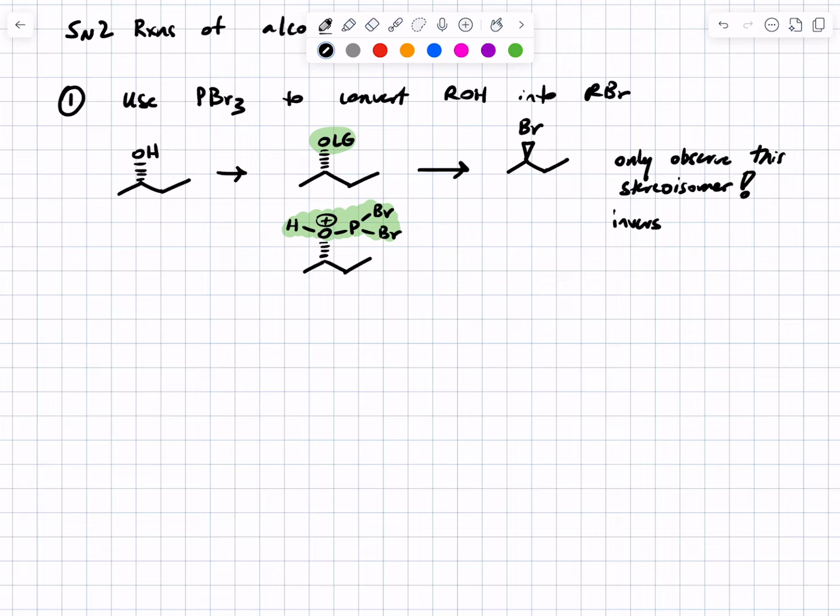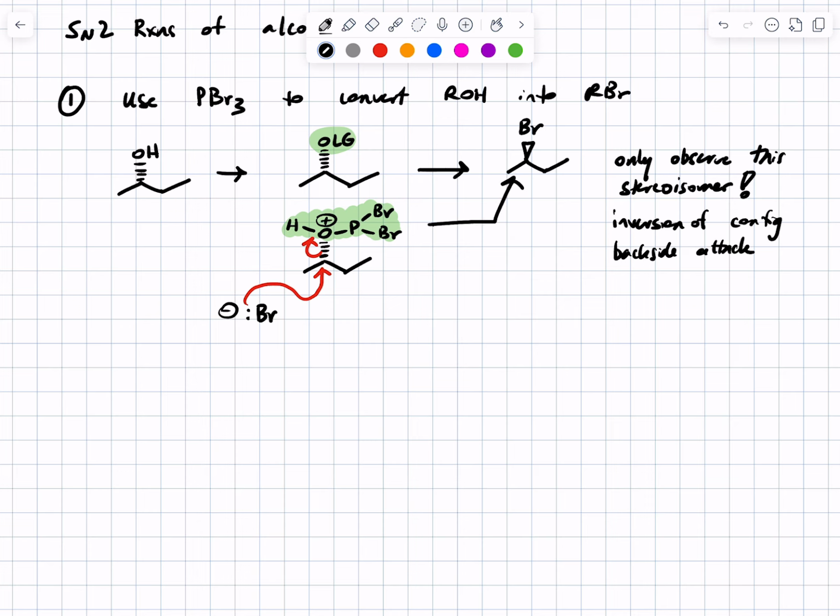You see inversion of configuration. That's consistent with backside attack, which is a hallmark of an SN2 mechanism. So even though we don't understand why this leaving group doesn't leave on its own, the results tell us that Br minus must have attacked this leaving group from the backside to give us this product.